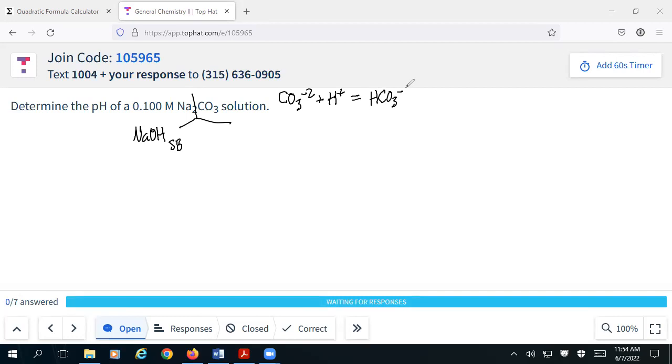So the acid that gives us carbonate isn't carbonic acid, it's the bicarbonate ion. Remember, it's a polyprotic acid. Polyprotic acids lose protons stage-wise. So if I add together hydrogen with that ion and I don't come up with an acid, I've got to stop. I'm in the middle somewhere.